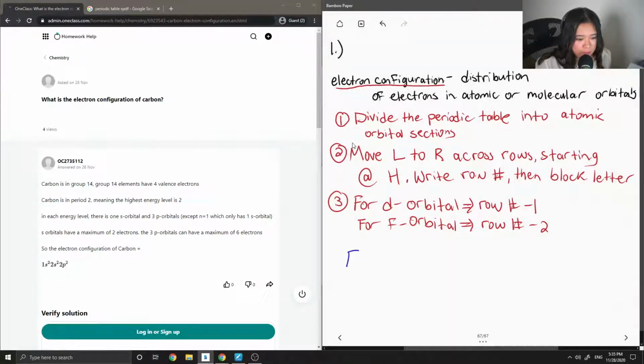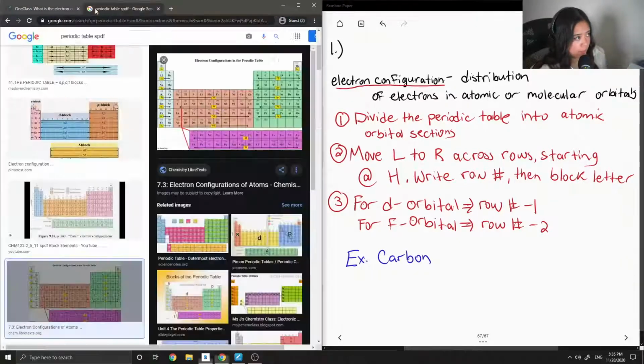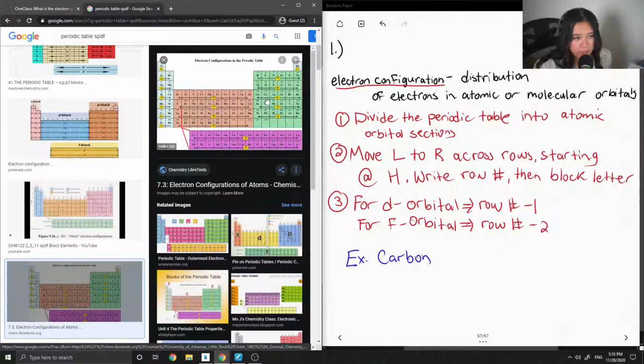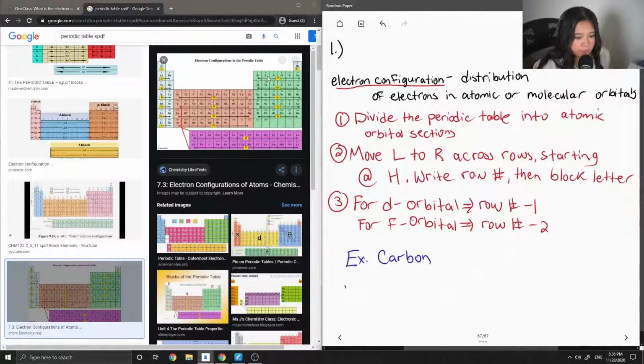Okay, so for example, for carbon, go back to the periodic table. So first let's find carbon on the periodic table. It's right here where the mouse is. So starting from hydrogen and going from left to right, I first write down the row number.